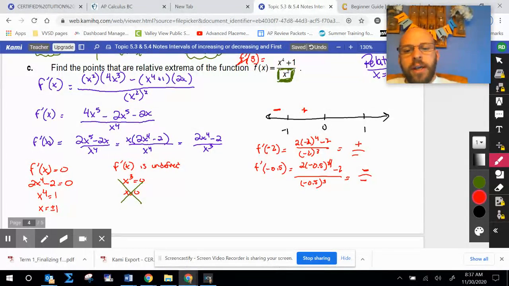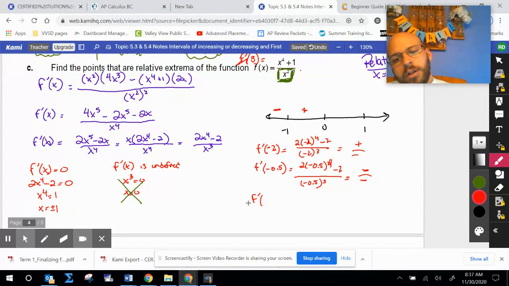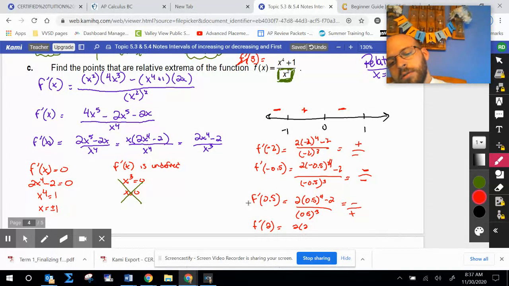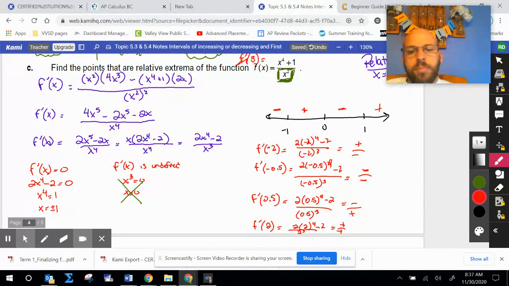I know it's increasing over that interval. So now we're going to do a +0.5. So 2 times 0.5 to the fourth minus 2. That's still going to be negative on top. And 0.5 cubed will be positive on bottom. That gives me a negative fraction. And last but not least, I want to know at, let's say, positive 2. And that would give me a positive over a positive, which is a positive.